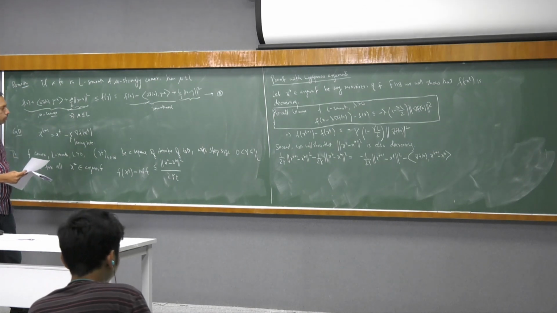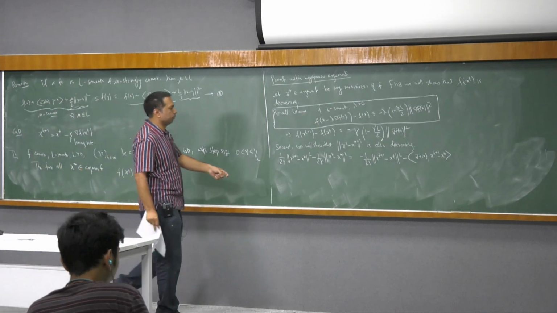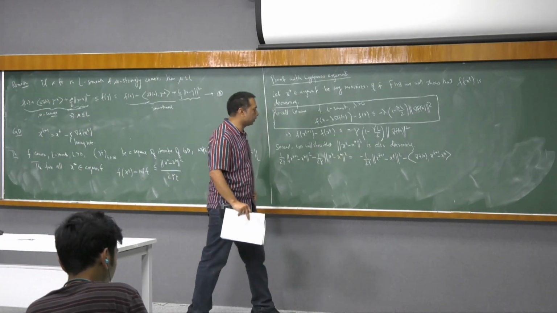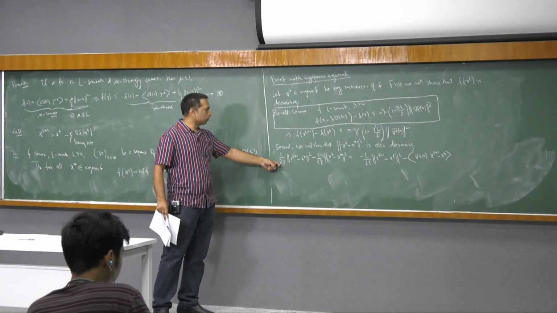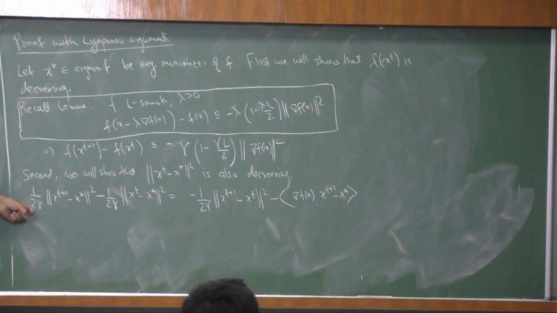I add this term, but then I compensate for this because I have plus 1 by 2 gamma. So I'm thinking of introducing term 1 by gamma and then minus 1 by 2 gamma. So 1 by gamma minus 1 by 2 gamma will give me 1 by 2 gamma.